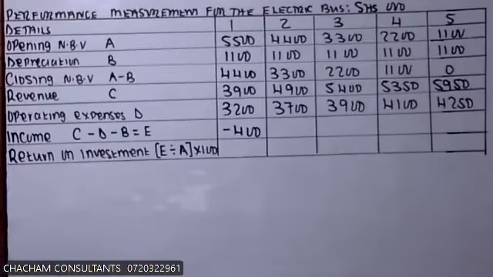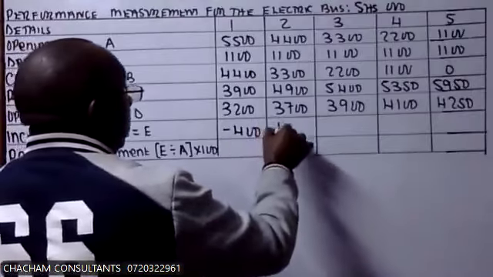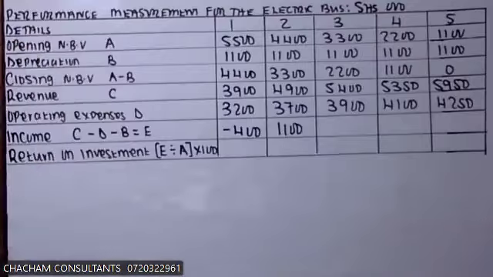Supposed to be 4,900 minus 3,700 minus 1,100. 100. Oh, nafanya vibaya. Haya, tuende kwa hiyo ingine. 5,400 minus 3,900 minus 1,100.